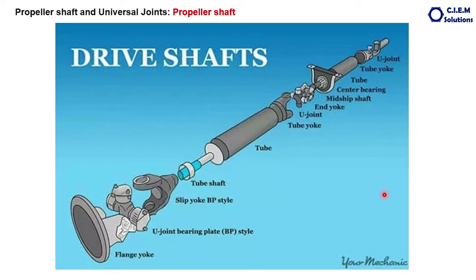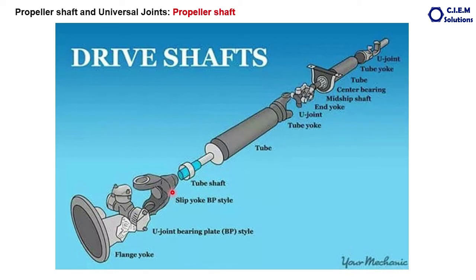When you see in detail about the construction of the propeller shaft, these are the universal joints which we'll talk about later. This figure actually representing the two-piece propeller shaft. This portion is called the yoke of the propeller shaft. This portion is called the tube. This tube is made with steel. The propeller shaft is made of a tubular section steel, a high quality steel, by adding some additives, carbon fibers, glass fibers and all.